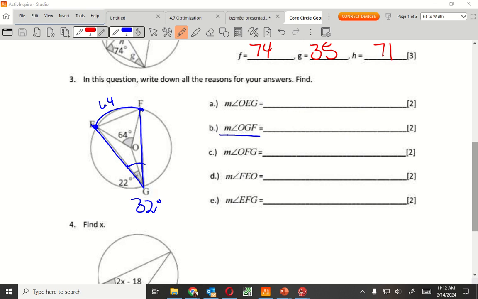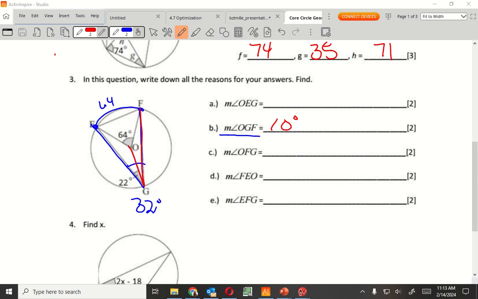The whole angle of G is 32, but this one side is 22. And so my missing side that I don't know is going to be 10 degrees.